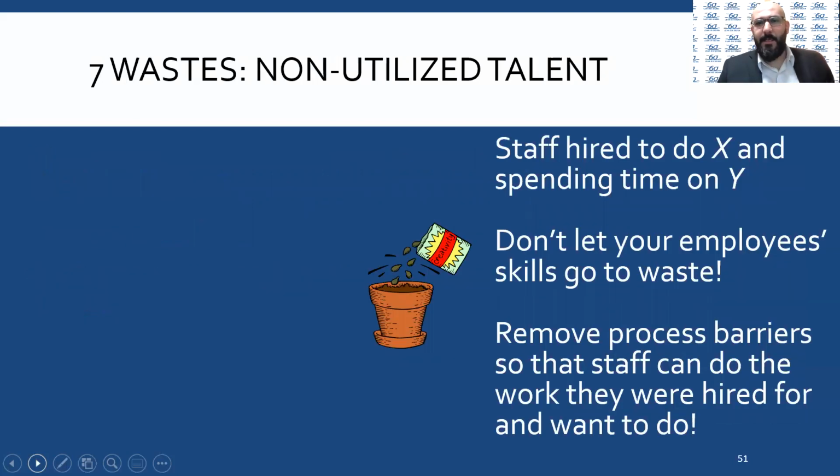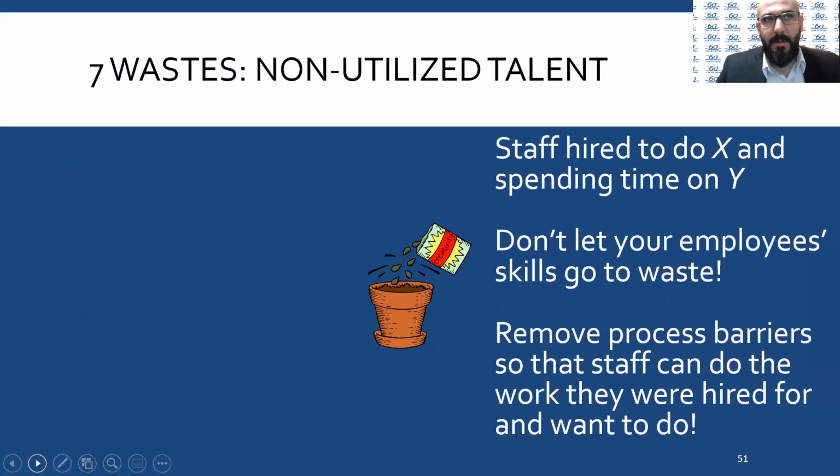Non-utilized talent. Staff hired to do a specific job, and they're spending most of their time on something else. In academia, for example, we're hired to teach at Bemidji State. We're asked to do something else related to admin.